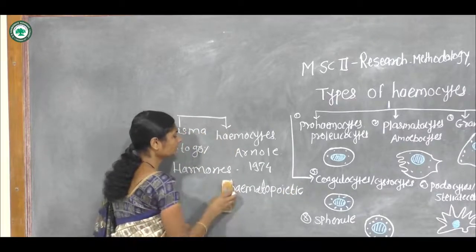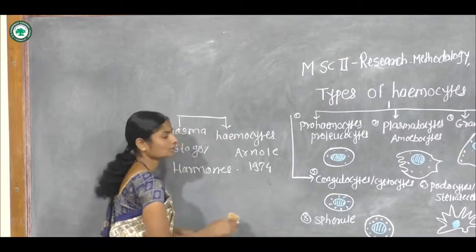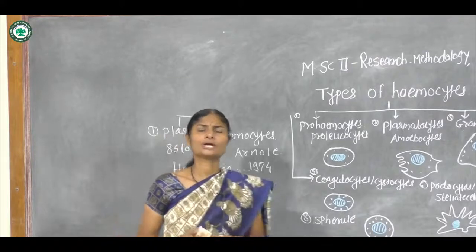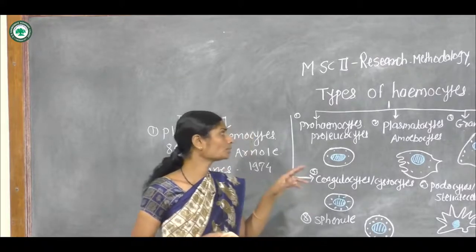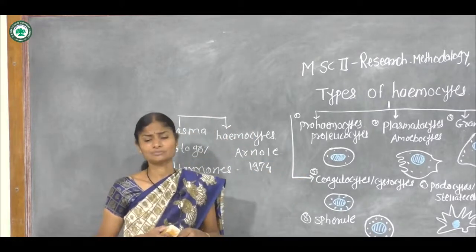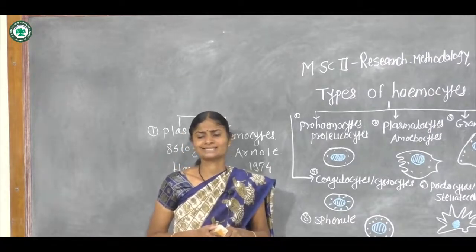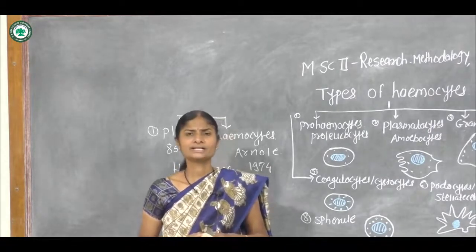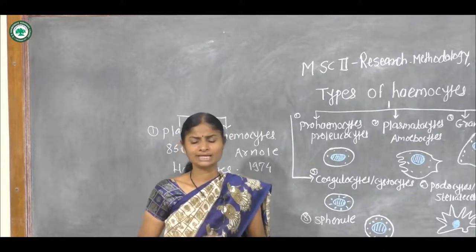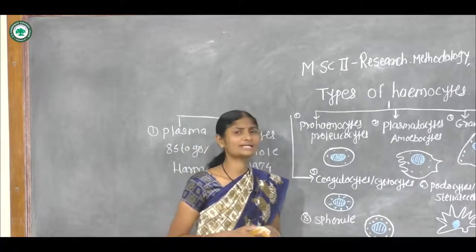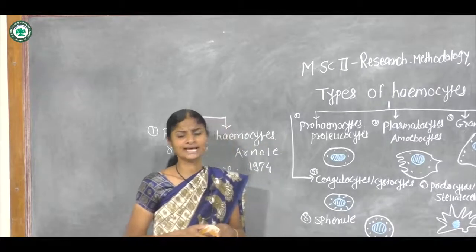The hemopoietic tissue produces different types of hemocytes, and these hemocytes are of several types and nucleated.